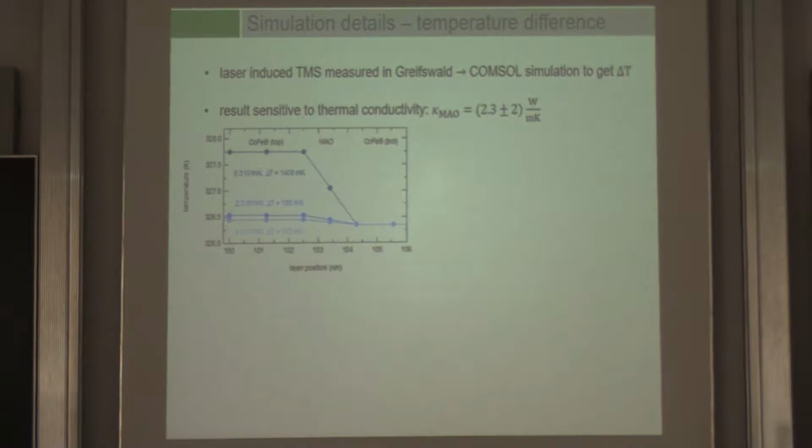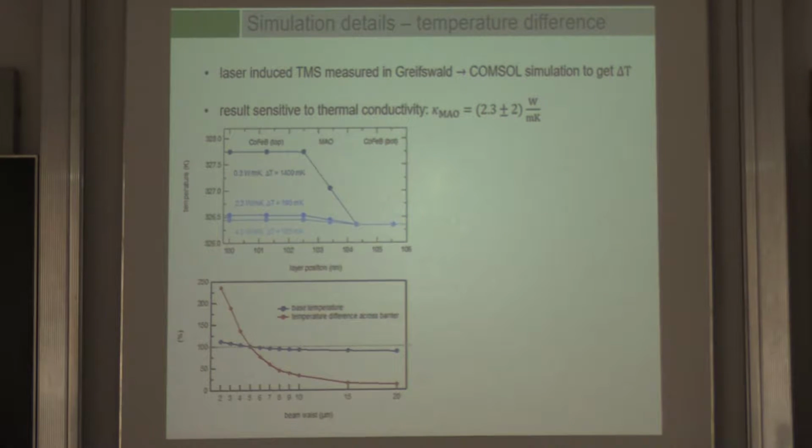And therefore, you have to plug in some thermal conductivity of your thin barrier. So here is an example of the thermal conductivity of MgAlO that we chose for this case. And we included a high error range in order to account for this uncertainty within this thin film regime.